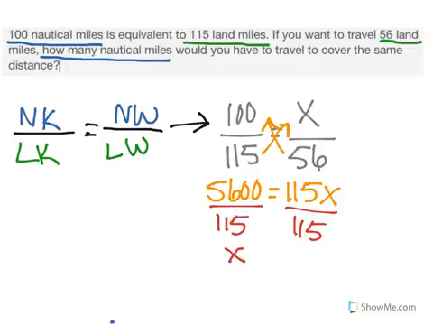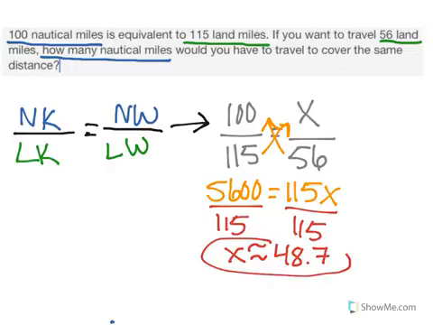And go ahead and pop that into your calculator, and we get a decimal, but if we round to the nearest tenth, we see that x is approximately equal to 48.7. So what is this number? 48.7 is the amount of nautical miles that is equivalent to 56 land miles.